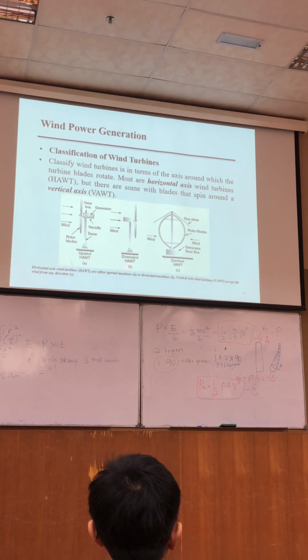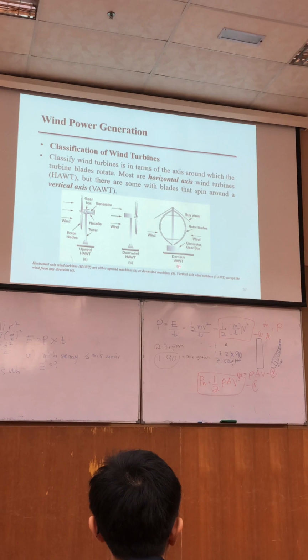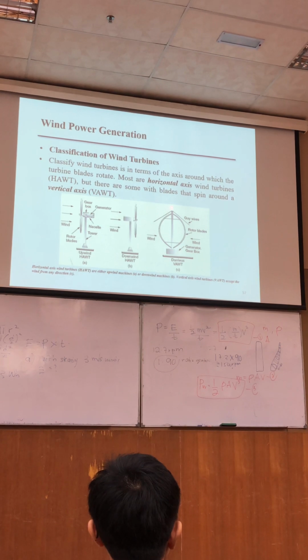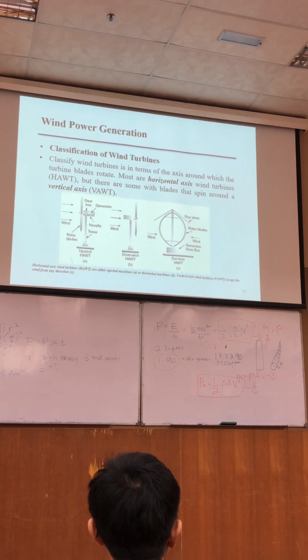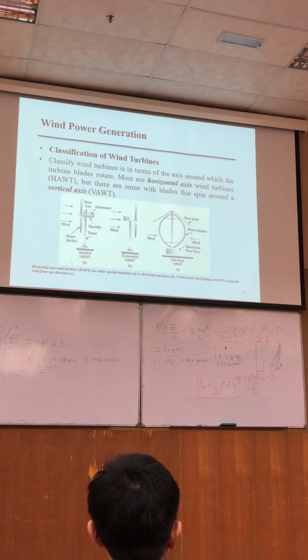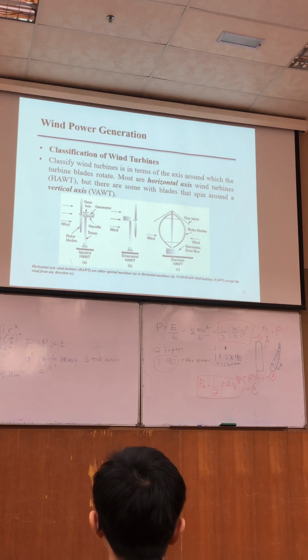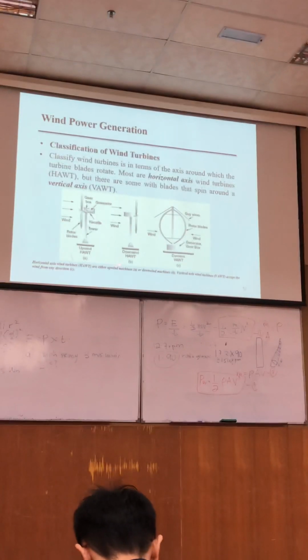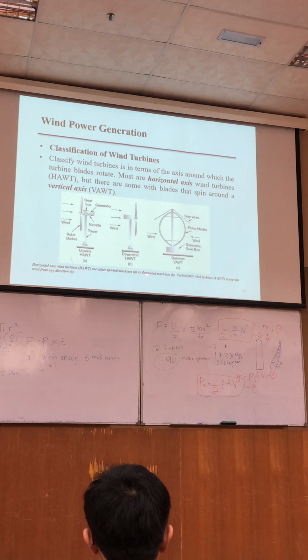Then we have another type, which is vertical axis. Vertical axis has the generator and gearbox below the ground here. We have guide wires to support and make sure the rotor blade is stable. This one is the rotor blade, and this one is wind. Wind can be from any direction, either from left or right. It's quite different from the horizontal axis wind turbine.